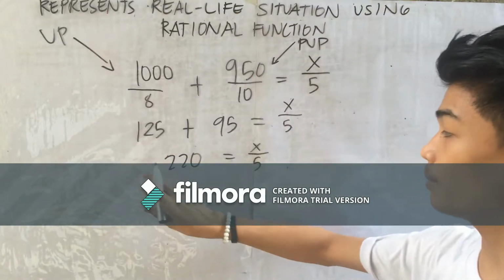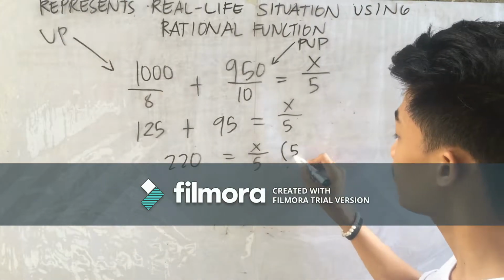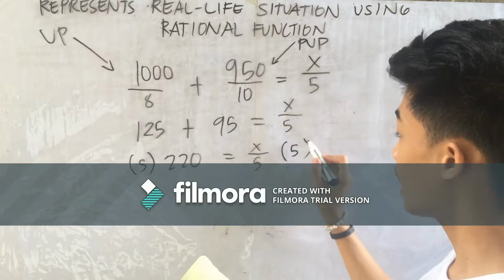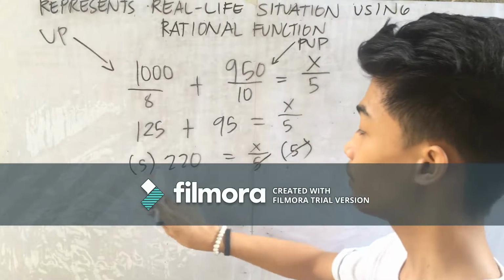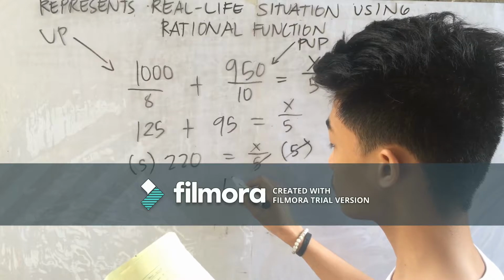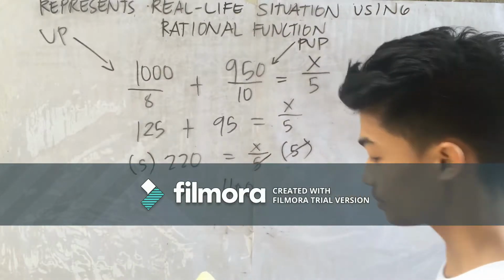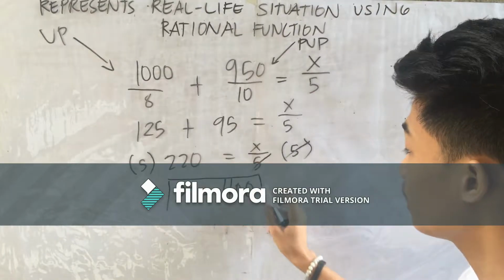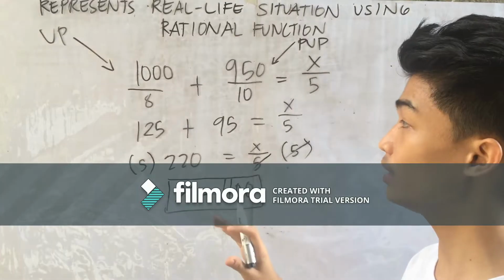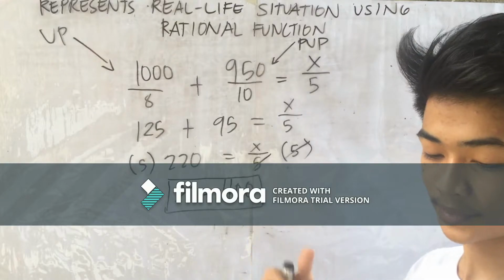Multiply both sides by 5 because this is the LCD of these two. 5 times 5, cancel. Then 220 times 5, the answer is 1,100 is equal to x. This is the total tweets UP and PUP can provide in 5 minutes. Okay na din.